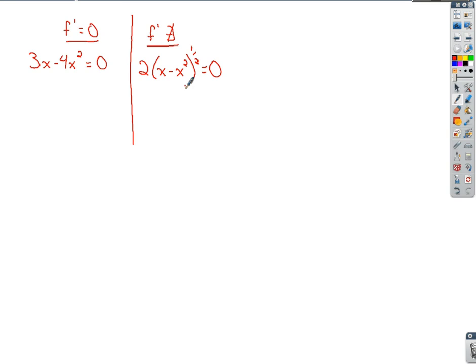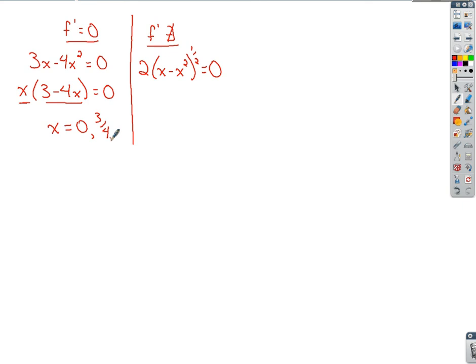So on the derivative equals 0 side, let's factor out an x. In factoring out an x, we would be left with as a solution x equals 0 because of the factor of x. And then the 3 minus 4x, if we set that equal to 0 and solve, let's see, subtract the 3 over, divide by negative 4, it would be 3/4.